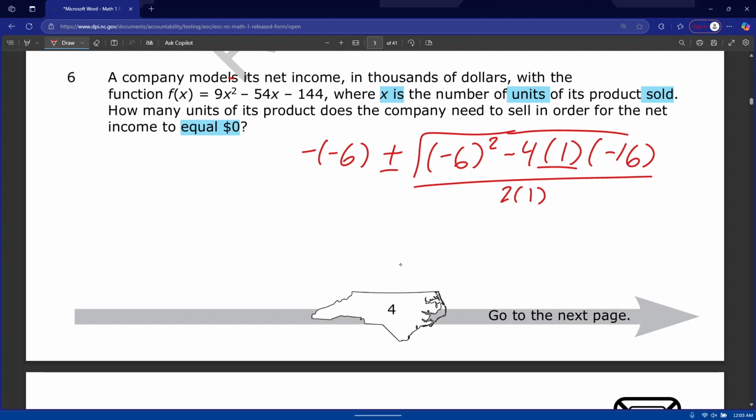When we do all the math, we get 6 plus or minus the square root of 36 plus 64, divided by 2.